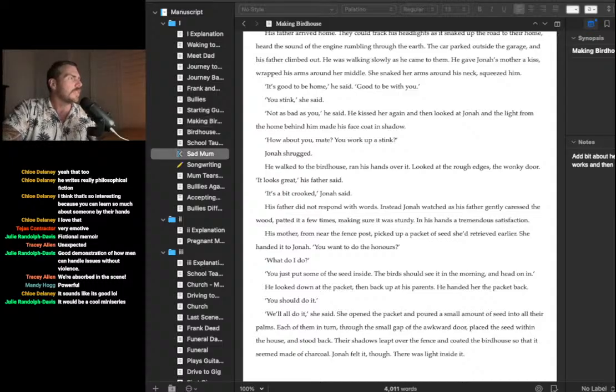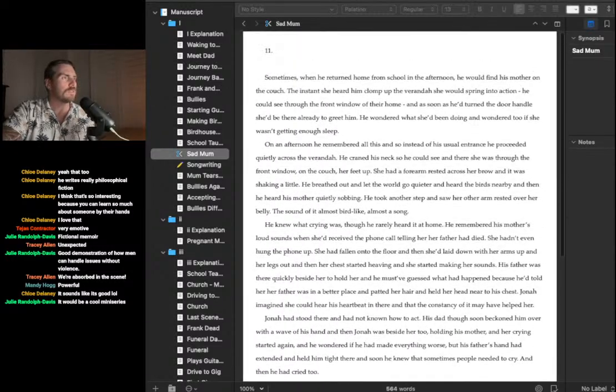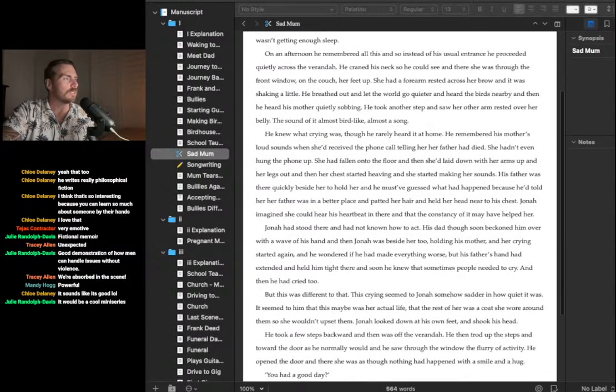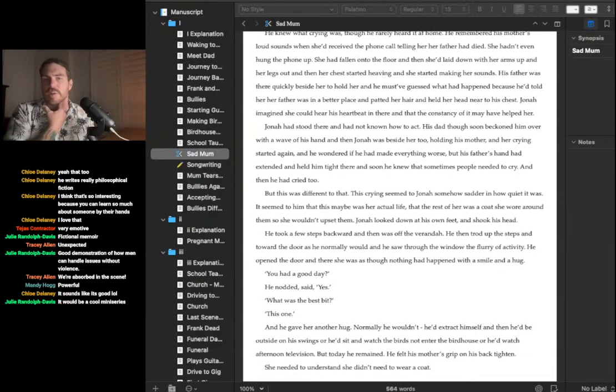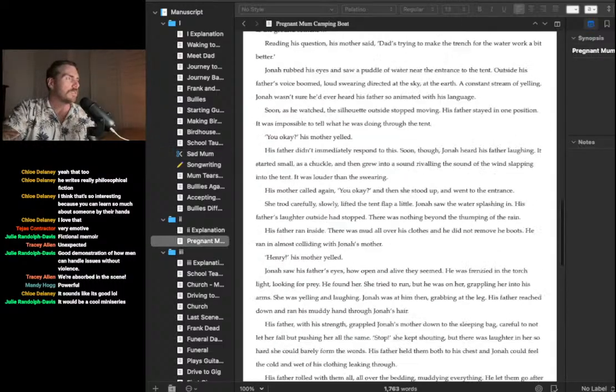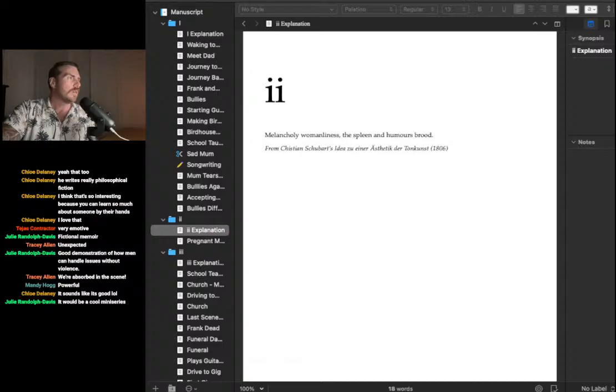So there's this scene here, sad mum. Sometimes he comes home and finds his mum crying on the couch, and she never says anything. She always sort of hides it from everyone, but he knows. I set that up there. But then here, this is the only time in the book that it goes in non-linear progression. This scene started with melancholy womanliness, the spleen and humours brood.